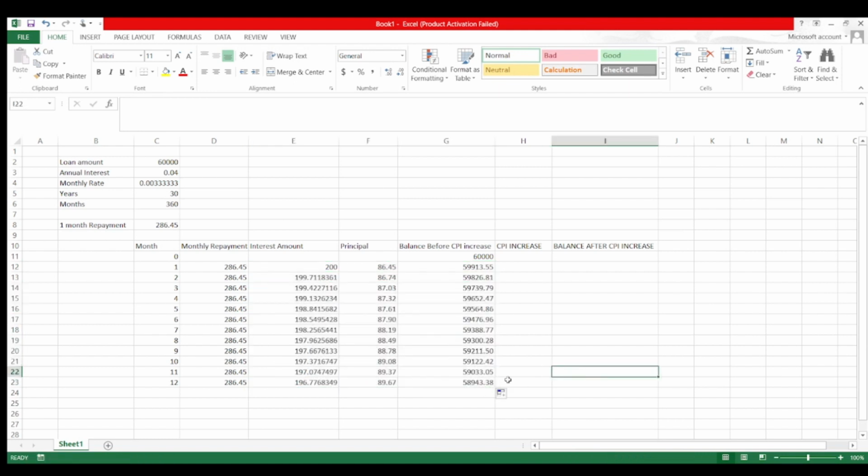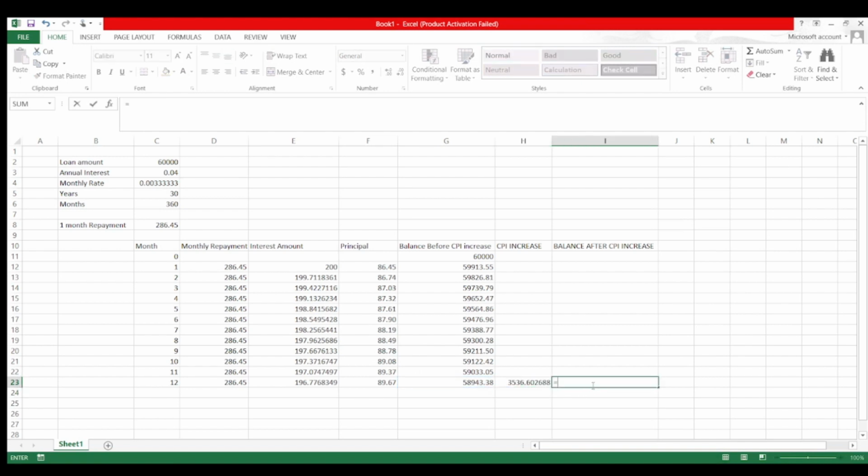Okay, so the loan balance at the end of the first year will be 58,943.38. But then there's a CPI increase at the end of the year of 6%. So for this case, we'll have this multiplied by 0.06.